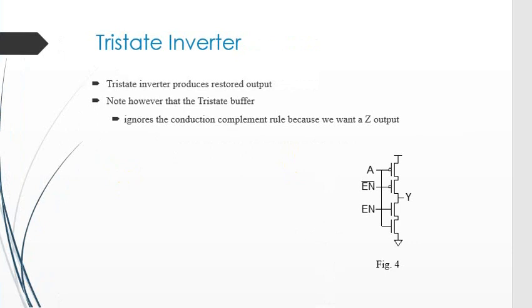The tri-state inverter basically produces a restored output, but note however that the tri-state inverter ignores the conduction complement rule because we want a Z output. Figure 4 shows that the output is actively driven from VDD to ground.